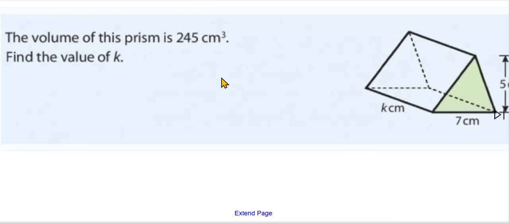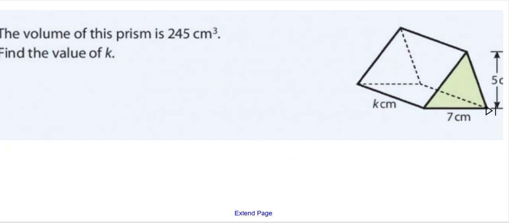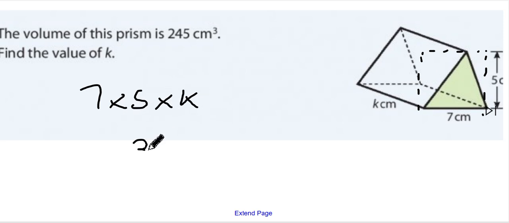Do you remember our shortcut for this? Treat it as a block or a box. Alright? So multiply all the numbers by each other. We get 7 multiplied by 5 multiplied by 1. Would you all agree it's 35k? But we don't have a block. We have a triangular prism.